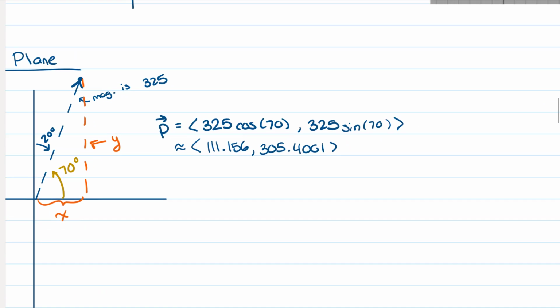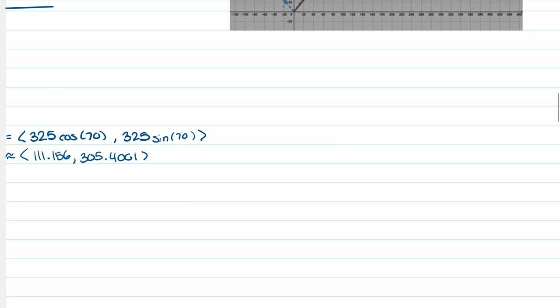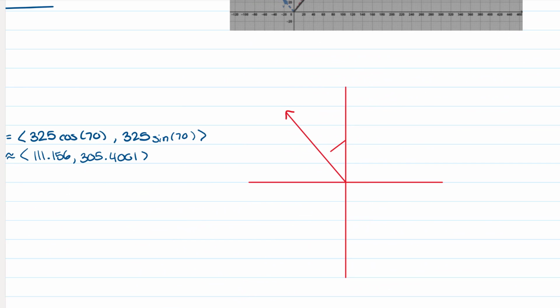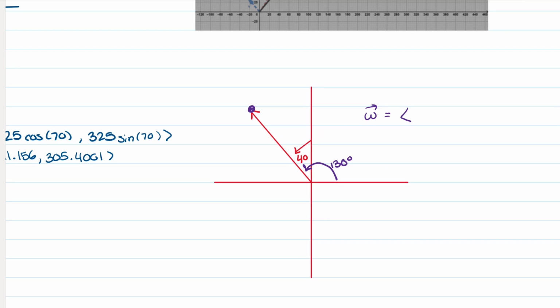Okay, so now we're going to go ahead and get the vector for the wind. And for this one, I want to be 40 degrees west of north. So this is 40 degrees here. But remember, the true angle that I want is going to be this one. So that'd be 130 degrees because I want it to go to the positive x-axis. And so to find this vector, I'm going to call it W for wind. Doesn't matter what you call it. And it's a 40 mile an hour wind.